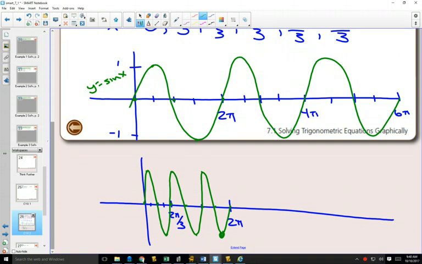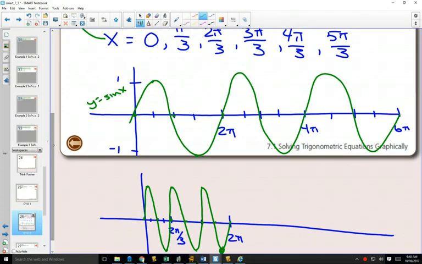So what we did in our question algebraically, so this is sine 3x. What we did algebraically is we initially just said, I'm going to ignore this 3x and think of it just as sine theta.